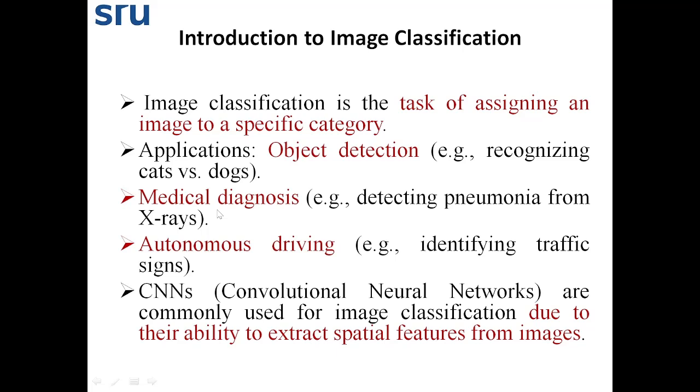Medical diagnosis, it means detecting pneumonia from X-ray. Autonomous driving, example, identifying traffic signs. CNNs are commonly used for image classification due to their ability to extract spatial features from images.